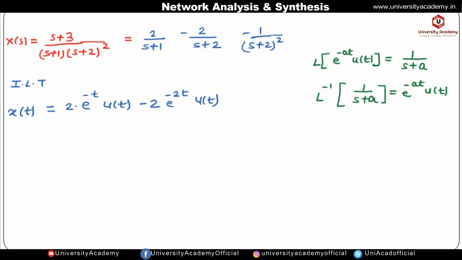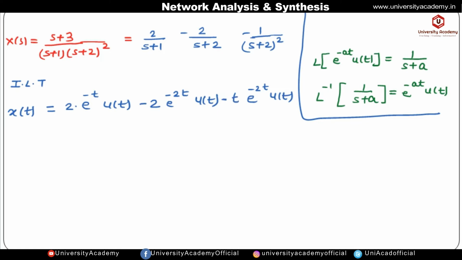Then lastly we are having 1 by (s plus 2) whole square. Because of 1 by (s plus 2), you will write e to the power minus 2t into u of t. And now it is minus sign, and if it is a square, then t will come.